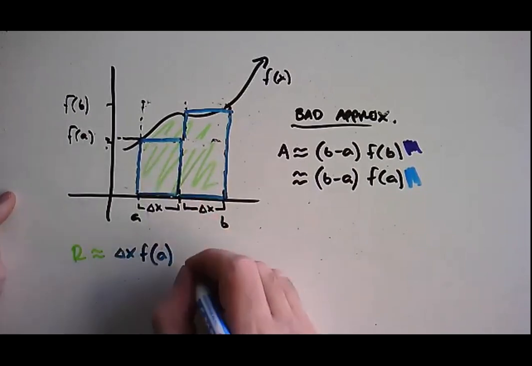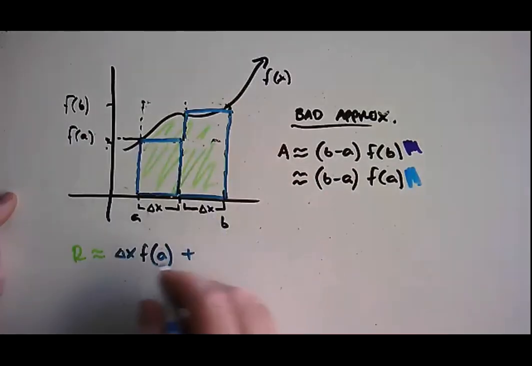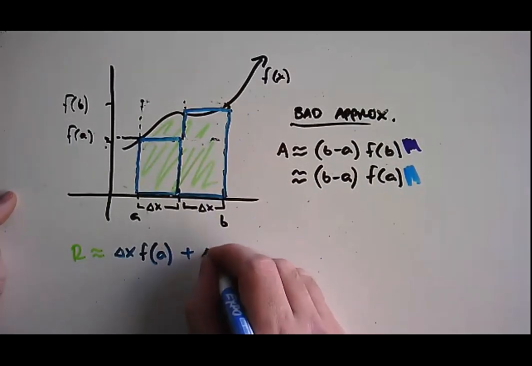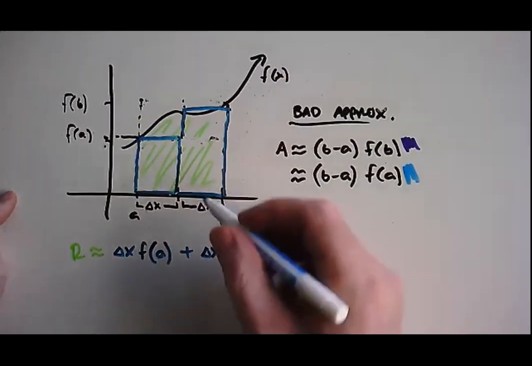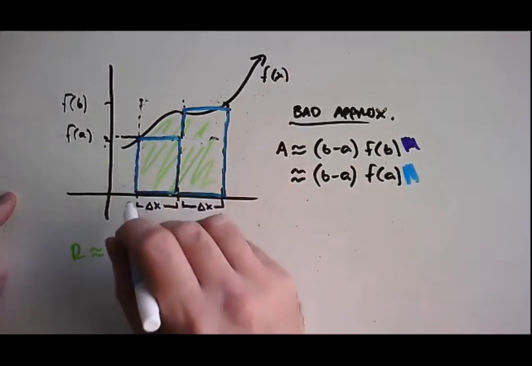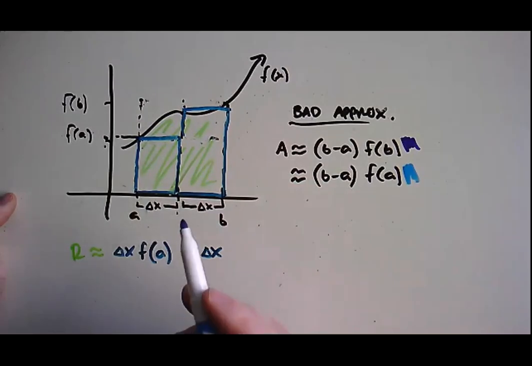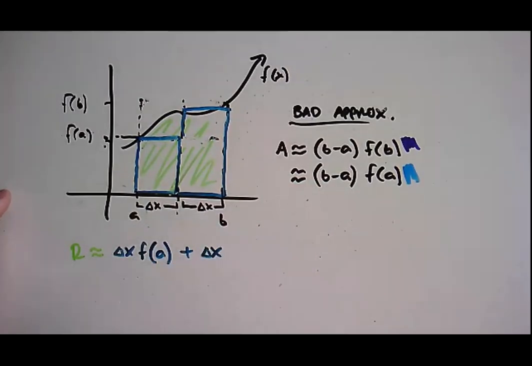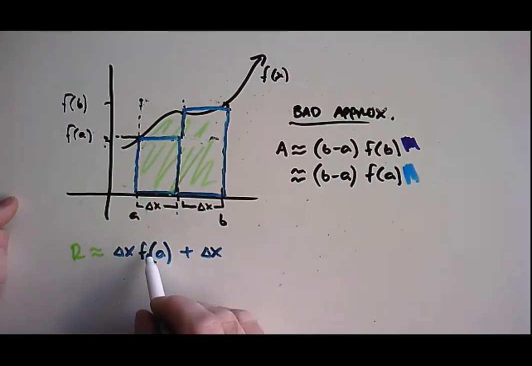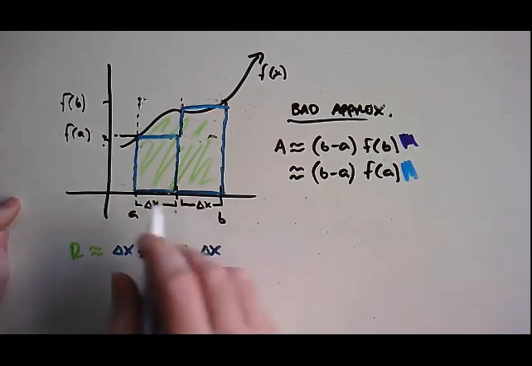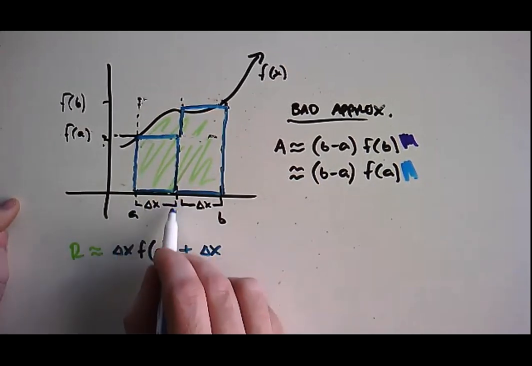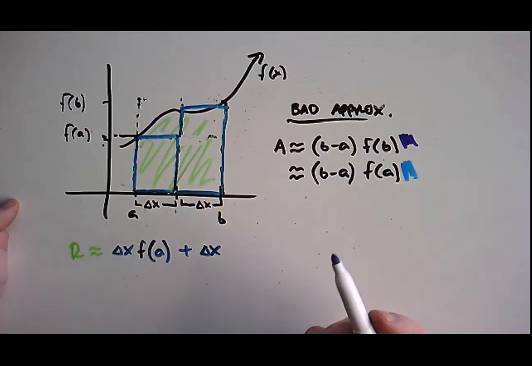That's rectangle 1. Rectangle 2 also has width delta x. Now its height is the function evaluated at this midpoint right here. So we could write that a couple different ways. It is a plus delta x. So a plus delta x would get there, b minus delta x would get there.